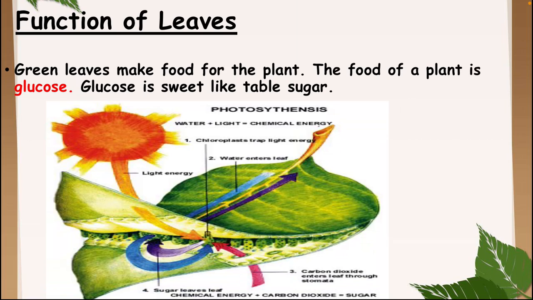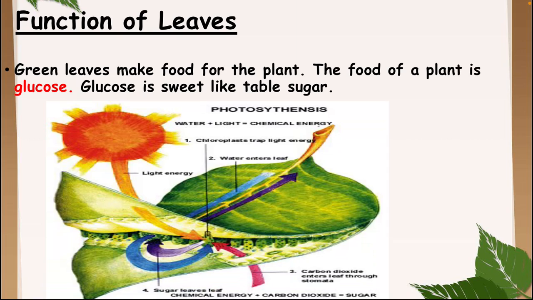Now in the picture you can see the whole process, called photosynthesis. When the water is there, the light and energy and the chlorophyll, you can see there is sugar inside the leaves.